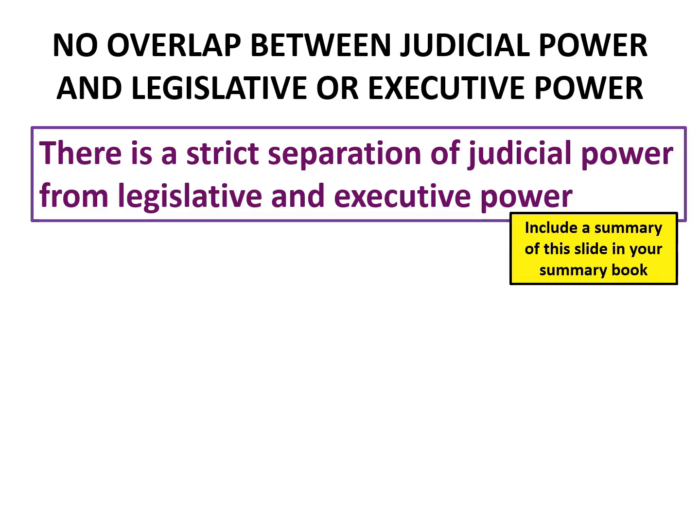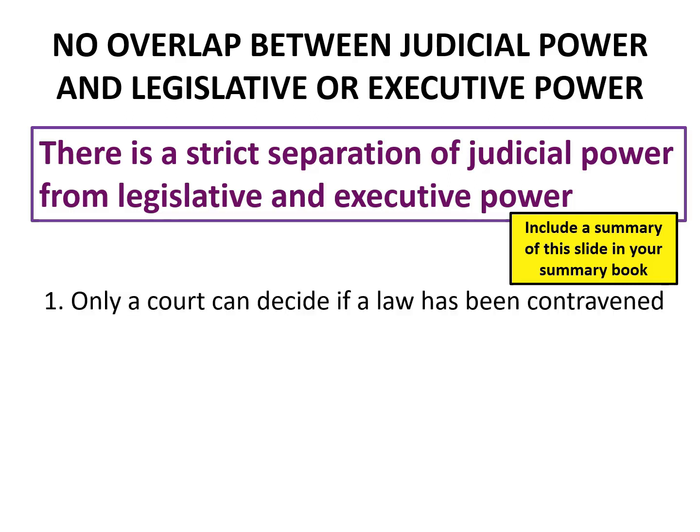This strict separation of judicial power from legislative and executive power is demonstrated in three ways. First, only a court can decide if a person has contravened, that is, broken, a law. Parliament makes the laws, the government, that is, the executive, administers the laws, but it is only the courts that can decide whether a person has broken a law.